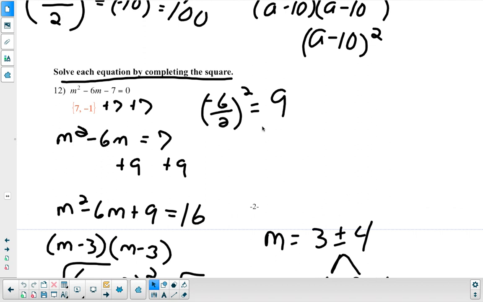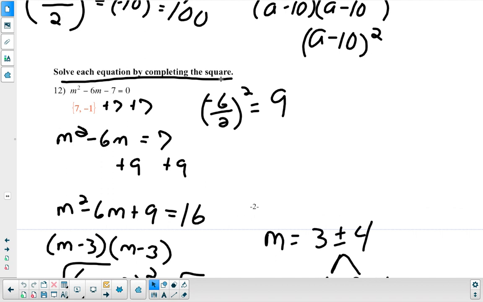Now, just a little warning, I understand that this problem could be solved by factoring. I know that. I made it that way because I wanted the numbers in your problem to be nice and not turn into nasty numbers for you. And the only way I can do that is giving you a problem that could have been solved by another method. However, the directions say they want you to solve by completing the square.